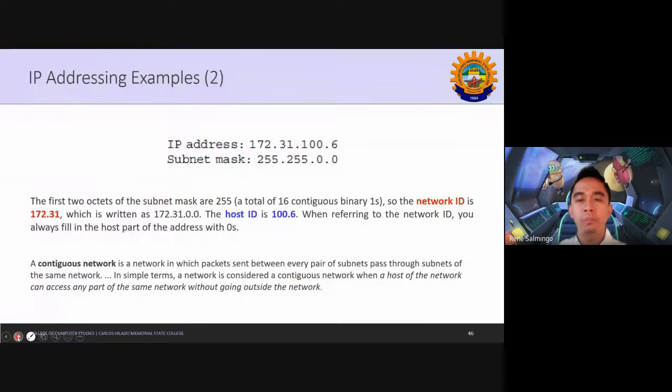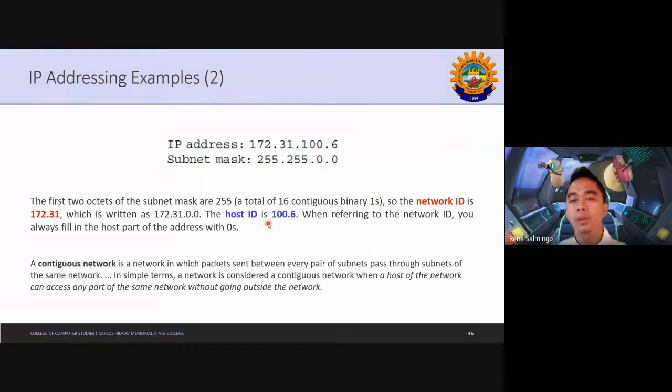So this is another example. What do you think is the class of this IP address? So this is class B. So if you're given the following network IP address 172.31.100.6, the first two octets of the subnet mask would be this one, and your network ID should be 172.31.0.0, and also your answer should be this.